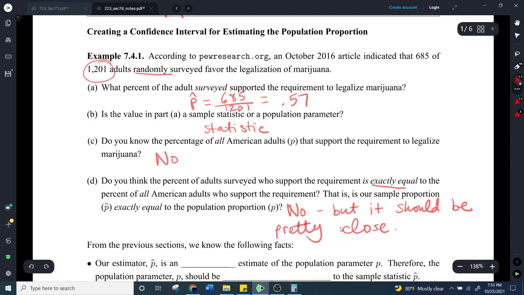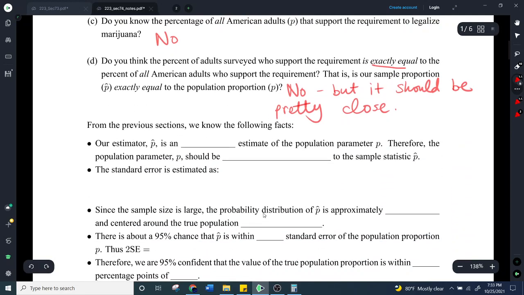We surveyed 1,201 adults. That's a pretty large sample. So it's not going to necessarily be the same as the population, but it should be pretty close. It should give us a pretty good estimate. So it says, from the previous sections, we know the following facts. Our estimator p hat, remember we called that an unbiased estimate of the population parameter p because we're doing a random sample. Therefore, the population parameter p should be very close to the sample statistic p hat.